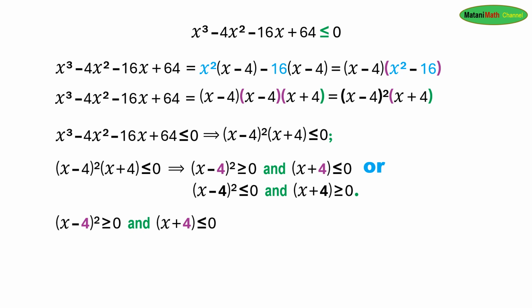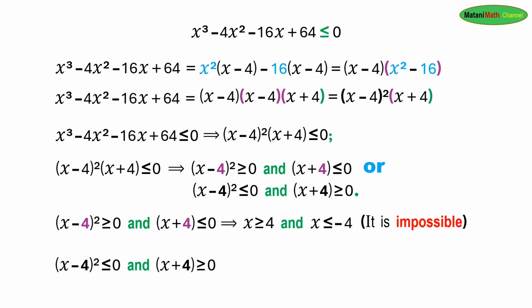If the square of x minus 4 greater than 0 and x plus 4 less than or equal to 0, then x greater than or equal to 4 and x less than or equal to minus 4. It is impossible.